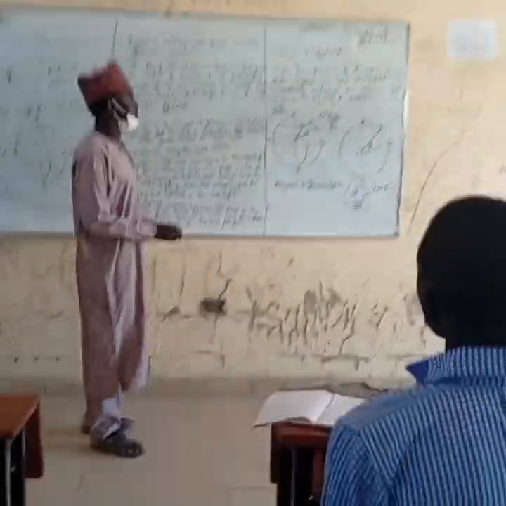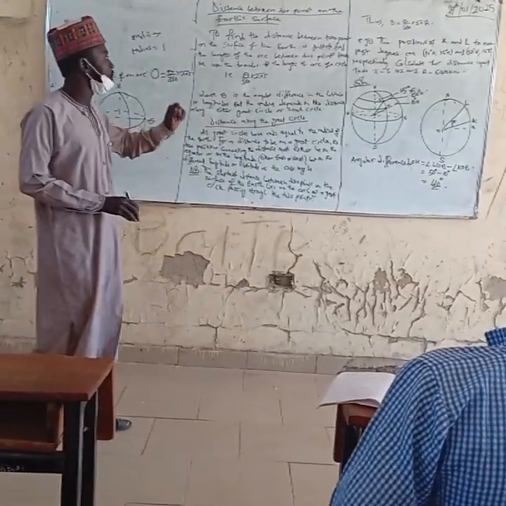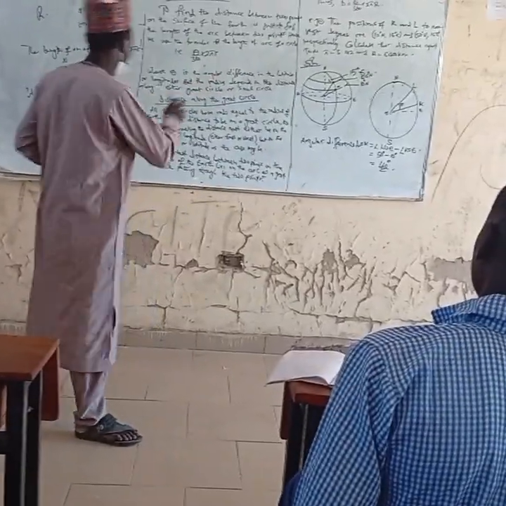Now our angular difference here is 40 degrees. Now coming to the question: calculate the distance apart, their distance.